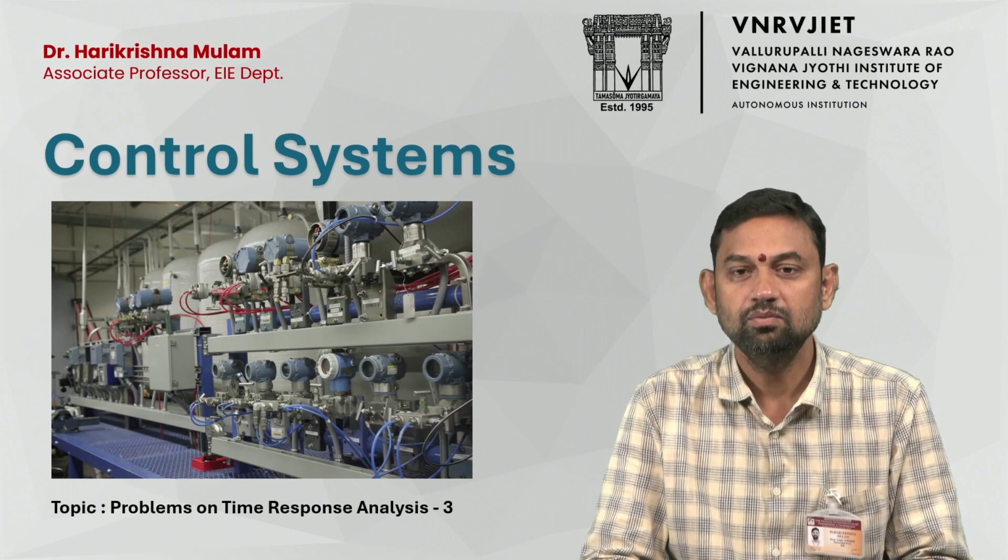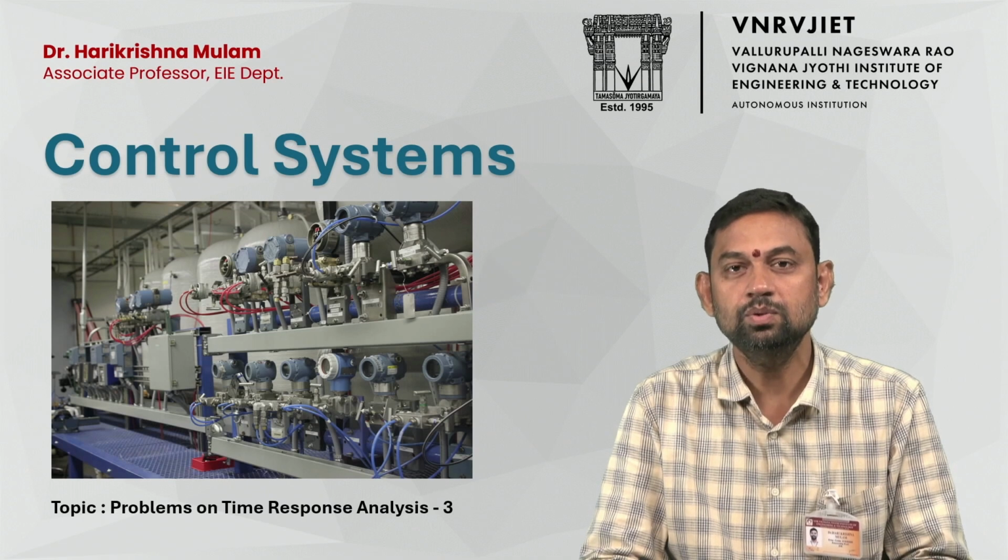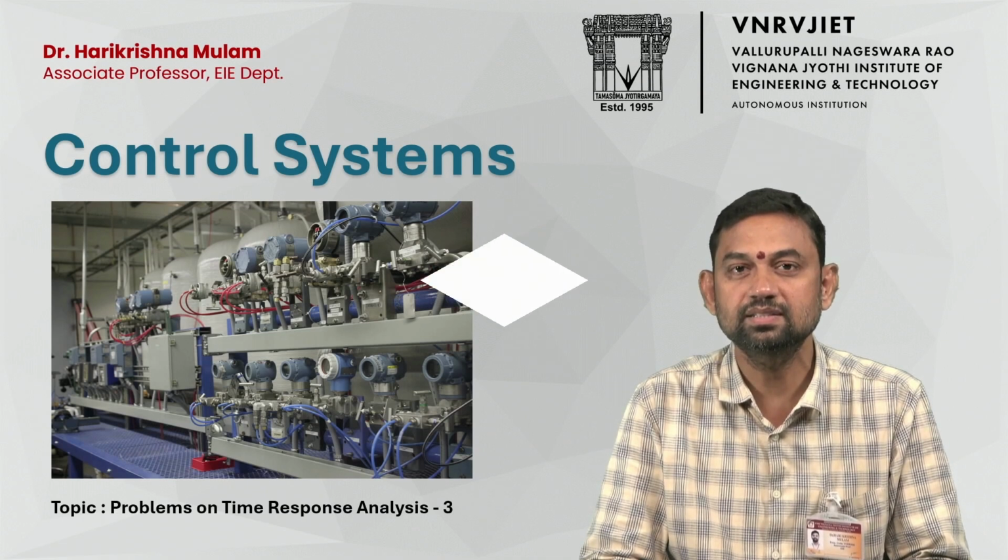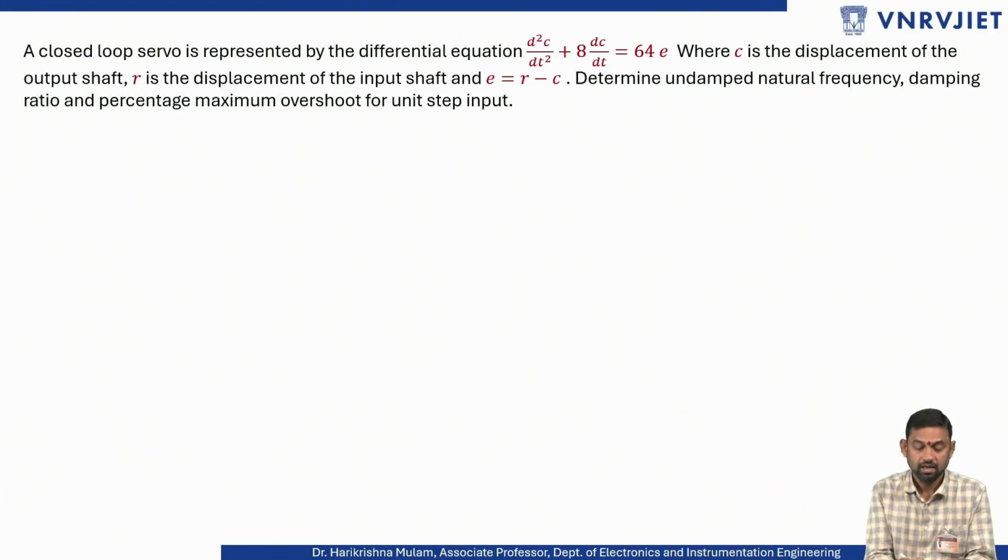In this lecture, we will see how to solve one more problem related to time response analysis. The problem is: a closed loop servo is represented by the differential equation d square c by dt square plus 8 dc by dt is equal to 64e.